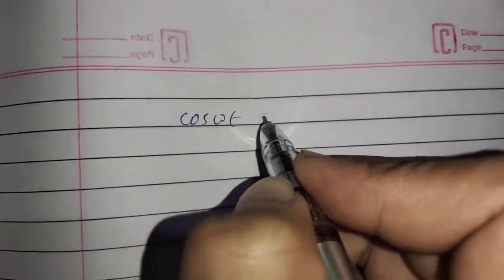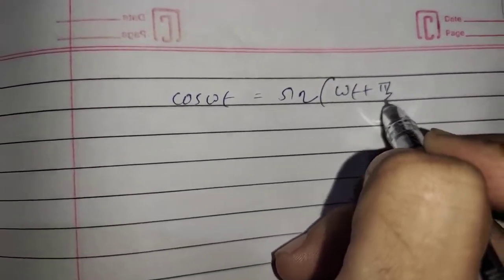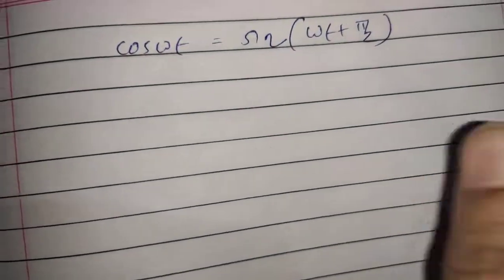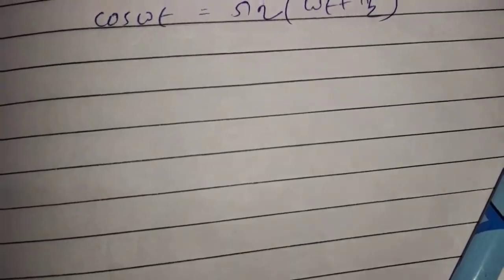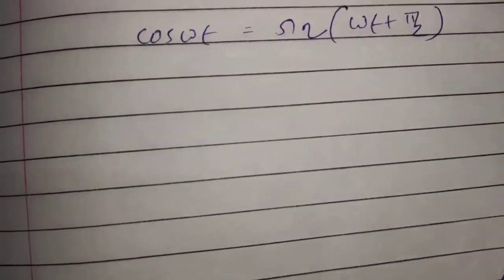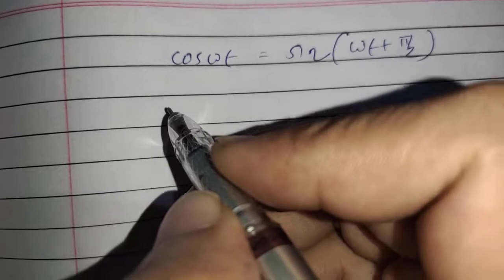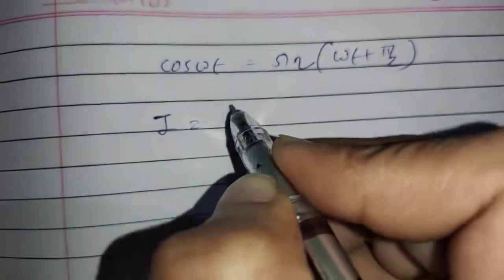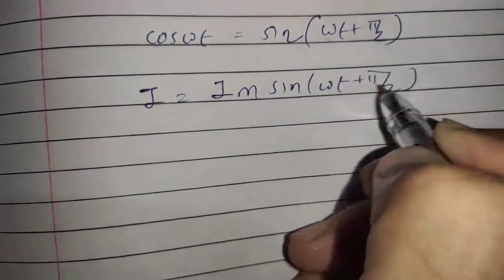Now putting cos omega t, let us convert it into sine. cos omega t is equal to sin omega t plus pi by 2. Okay. Where Im is equal to Vm upon 1 upon omega C. So I is equal to Im sin omega t plus pi by 2.